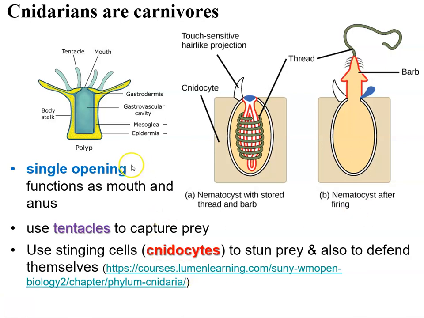Now, the ability of the cnidarians to respond to having something touch the tentacle, trigger the release of the nematocyst, the stinging cell, and then send that response back to the rest of the body to bring that food in, or to maybe retract the polyps to protect it from predation, they have to have some kind of a nerve response for that.